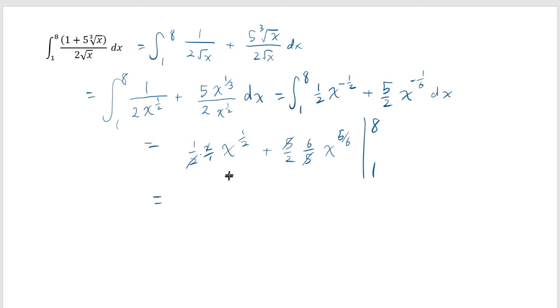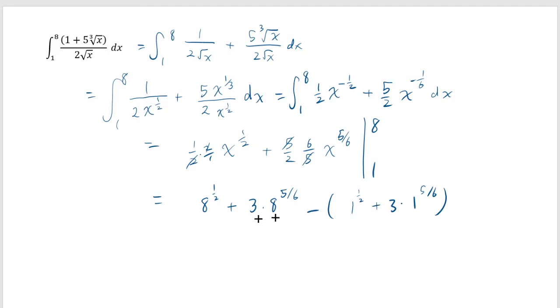So here's what we have: 8 to the 1/2 power. 6 divided by 2 is 3, so 3 times 8 to the 5/6 power, minus, you plug in 1, 1 to the 1/2 power plus 3 times 1 to the 5/6 power.